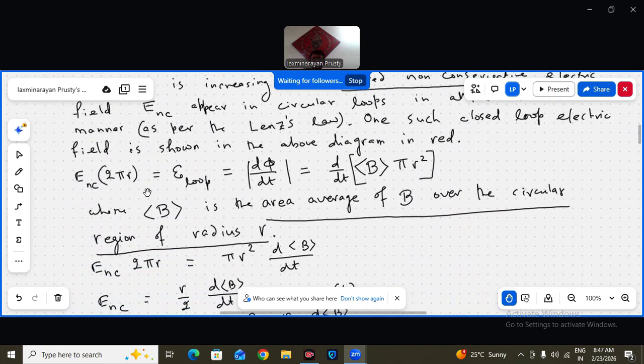Okay. So what is the EMF in the closed loop? That is the integration of E dot dl over the closed loop, because you must be knowing this.